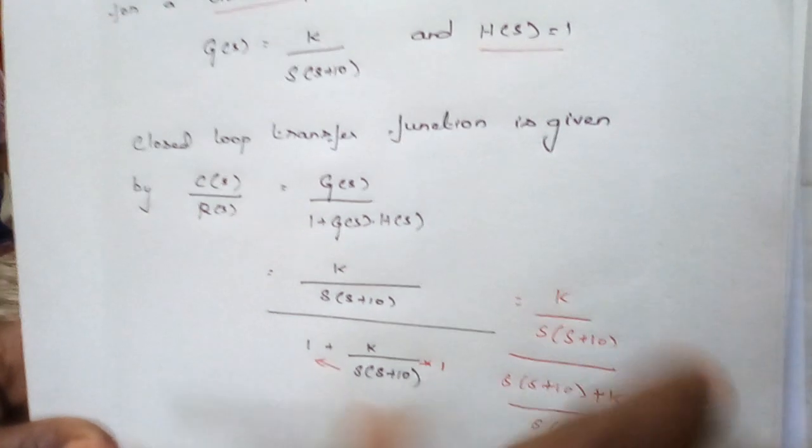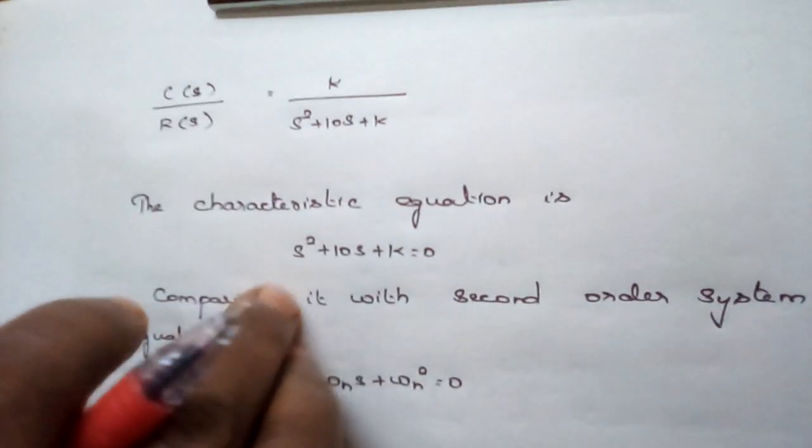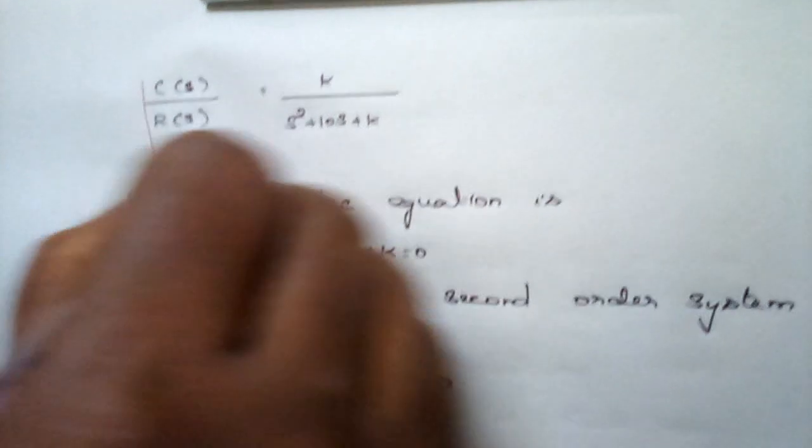This will be equivalent to the expression C(s) by R(s) is equal to K divided by s square plus 10s plus K. So this is the closed loop transfer function.